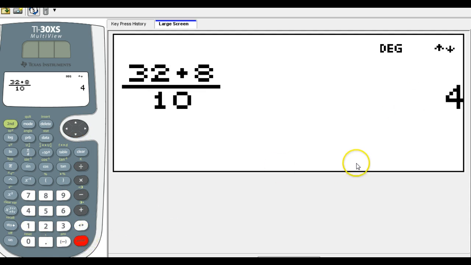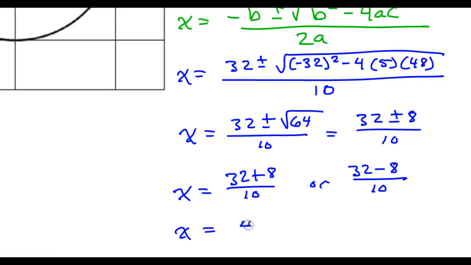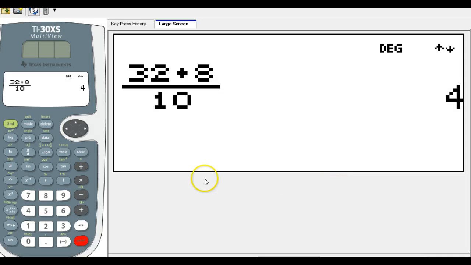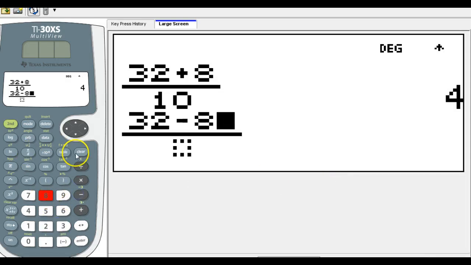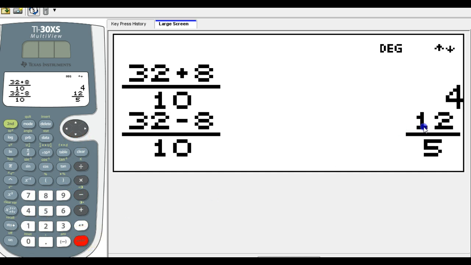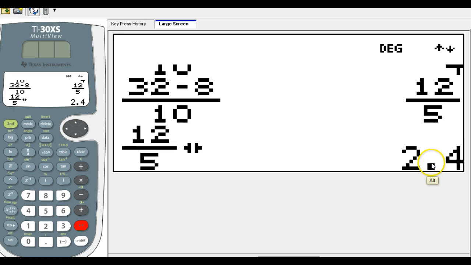Okay, so we're getting 4, all right? And it makes sense because 40 divided by 10 is 4. Okay, 32 minus 8 over 10. So that's 12/5 or 2.4.